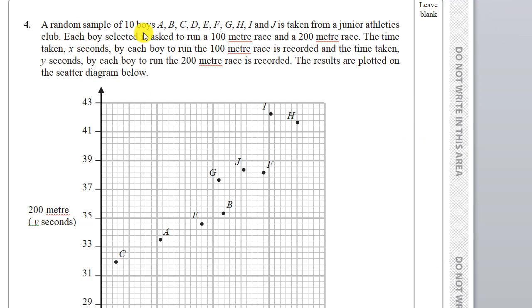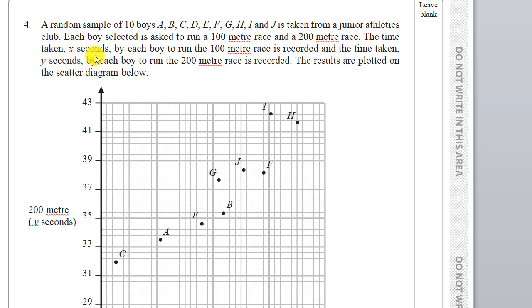A random sample of 10 boys A, B, C, D, E, F, G, H, I, and J is taken from a junior athletics club. Each boy selected is asked to run a 100-meter race and a 200-meter race.